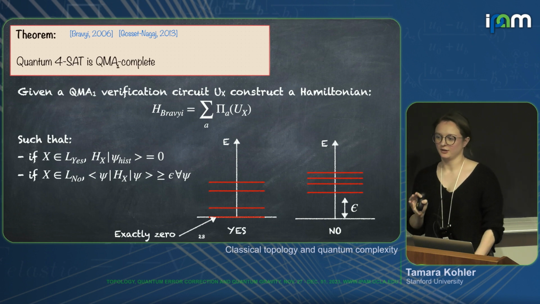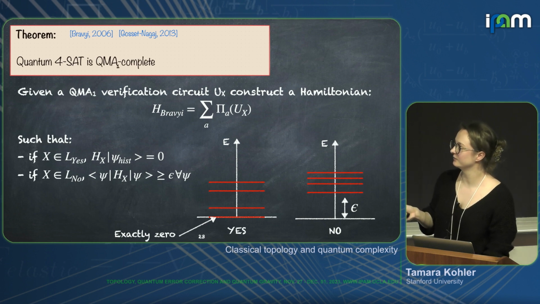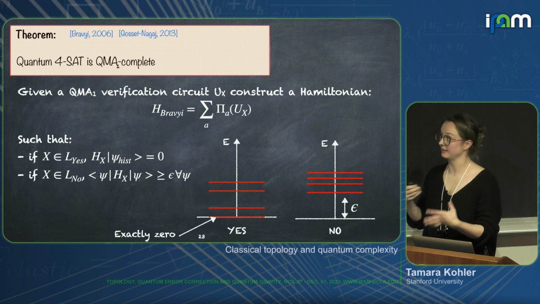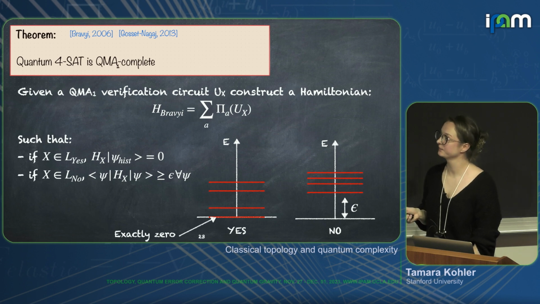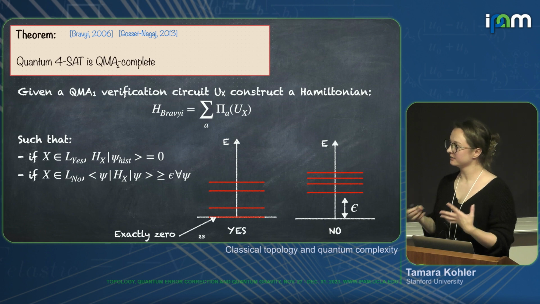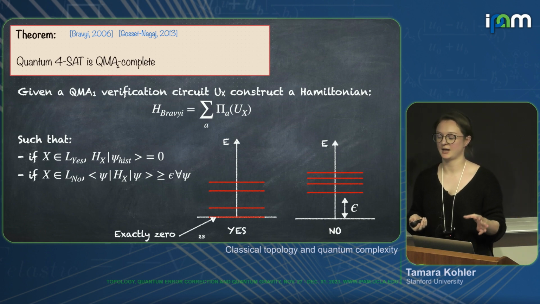Before I go into exactly how we're going to show that, I'm first going to explain briefly how it's shown that this quantum satisfiability problem itself is hard for complexity class QMA1. The way this works is by what's known as a circuit Hamiltonian mapping.